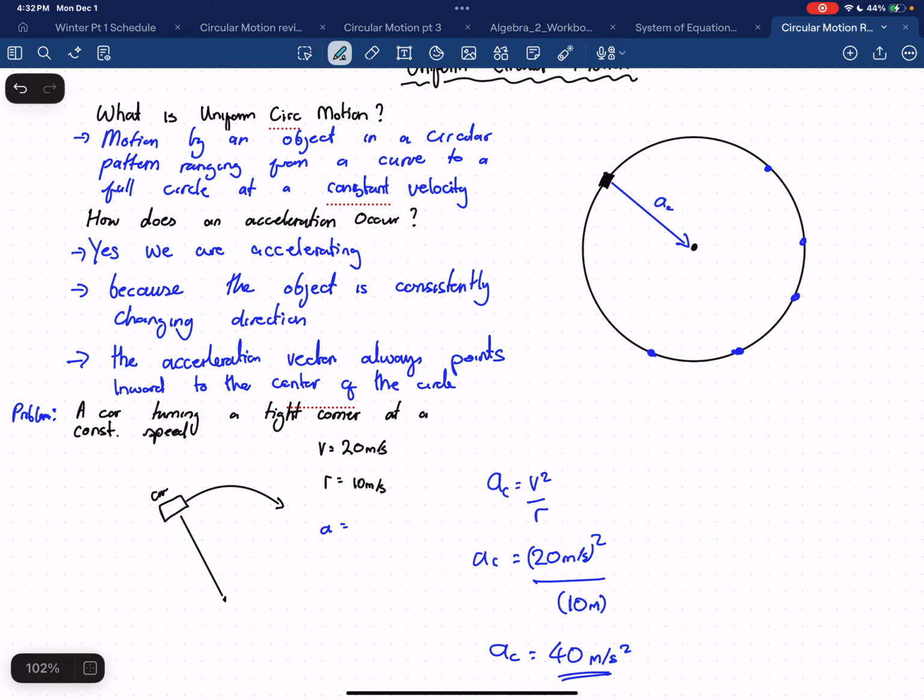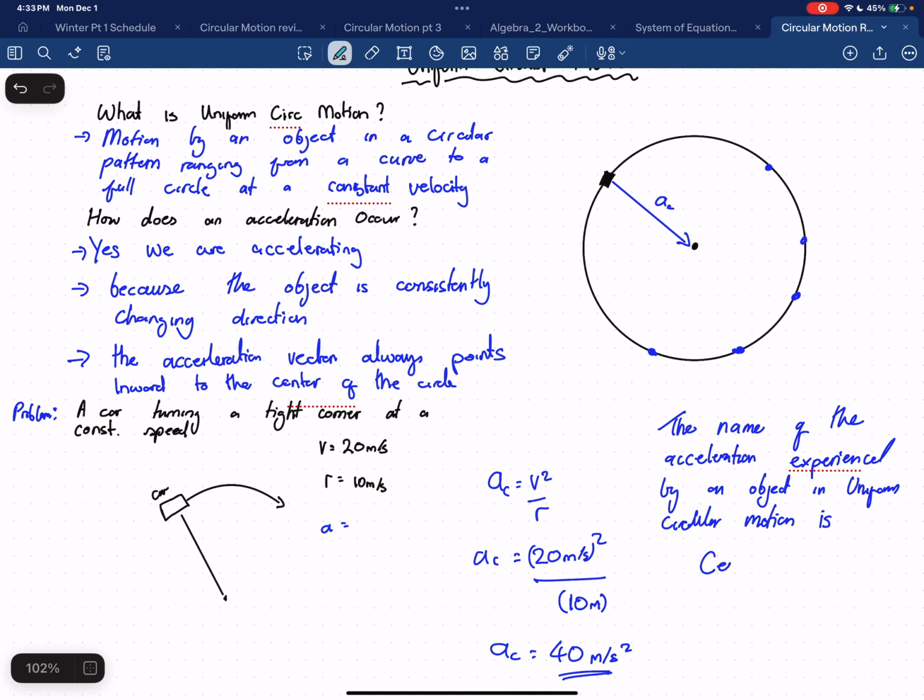Now, just to be clear before we move on, the name of the acceleration experienced by an object in uniform circular motion is centripetal acceleration.